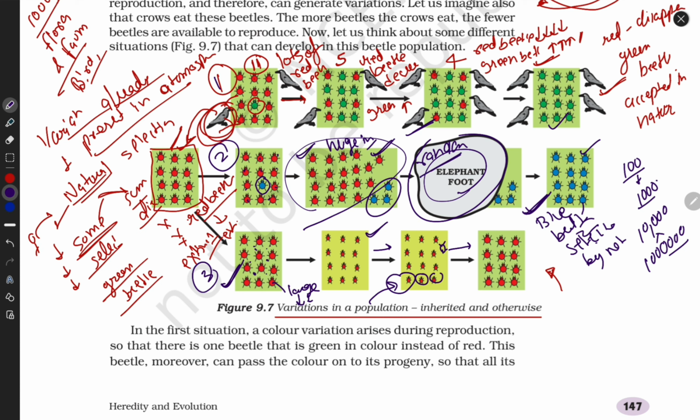These are random, not intentional. An elephant's foot comes and red beetles die. Predator coming is not random, but this is a natural thing. Sometimes large beetles are selected more and more. Sometimes small beetles are selected more and more. These are a mixture of both. Okay, there are three conditions.